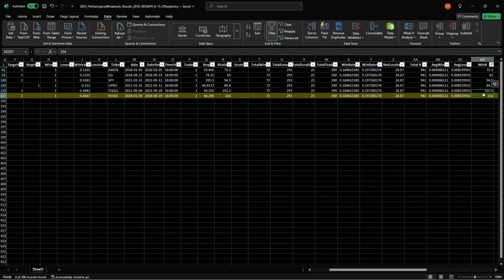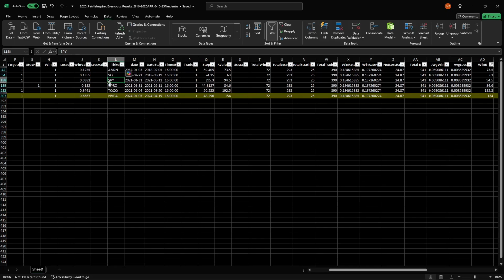You've got this 154R trade on Nvidia. That's the beginning of 2024. The 192.5 on the TQQQ, and then 84R on UPRO. You can see 94.5 on SPY, which is funny because SPY is one of the criteria.